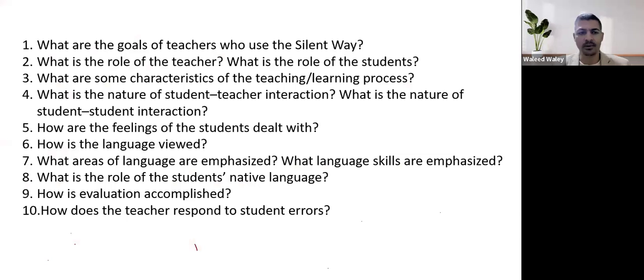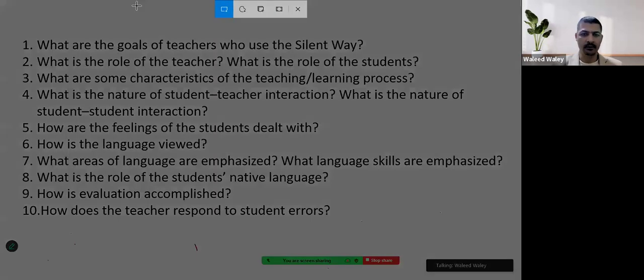Now we have the 10 most important questions. What are the goals of teachers who use the silent way? What is the role of the teacher? Take a screenshot, if you please.